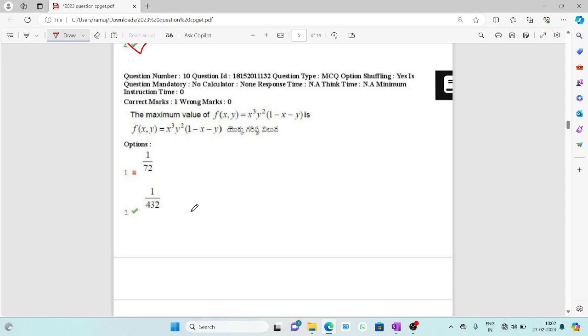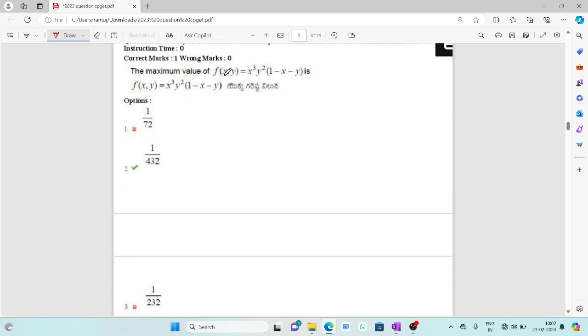So the tenth one is: the maximum value of the function f of x comma y is equal to x cube y square into 1 minus xy. He is asking for the maximum value. Whenever a maximum value comes in a two-variable function, we have to differentiate partially with respect to x and partially with respect to y, and equate them to 0.